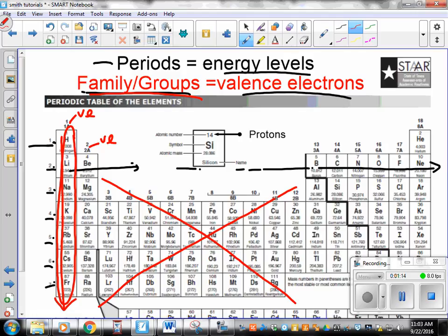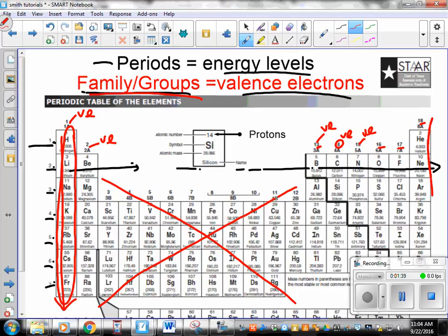But now family group 13 has 3 valence electrons. 14 has 4 valence electrons. I know that it doesn't have 14 because remember we talked about these shells can't even hold 14. They hold 8 is the most they can hold. So group 15, 5 valence electrons, and so forth.